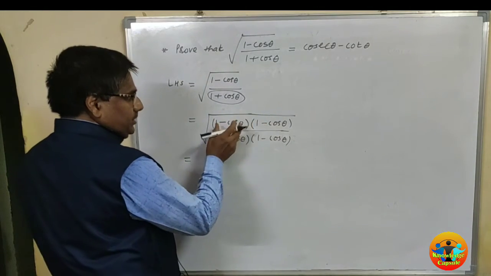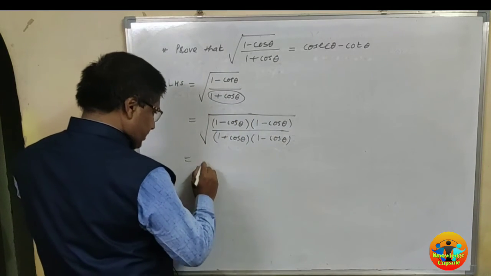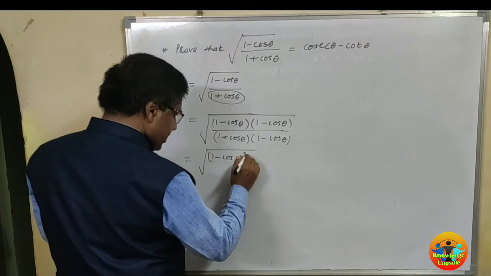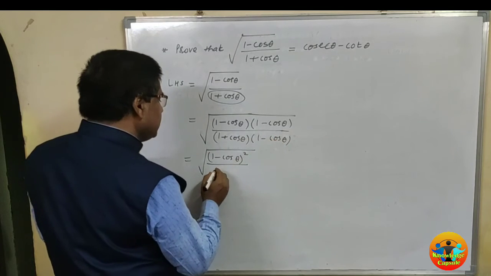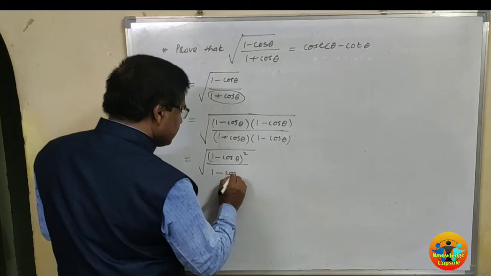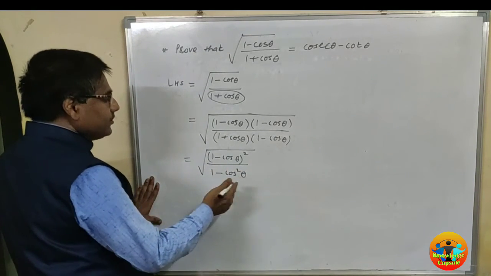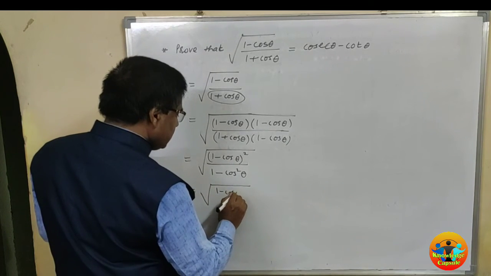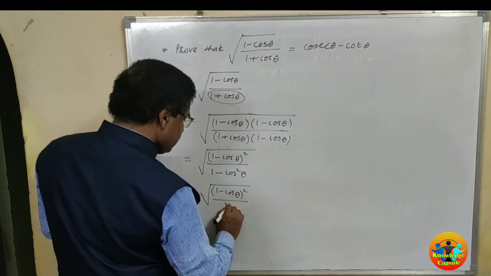Now as we got two terms same, here we get 1 minus cos theta whole square, and in the denominator a plus b into a minus b can be written as a square minus b square, that is 1 minus cos square theta, and 1 minus cos square theta is sin square theta. This can be written as 1 minus cos theta whole square upon sin square theta.